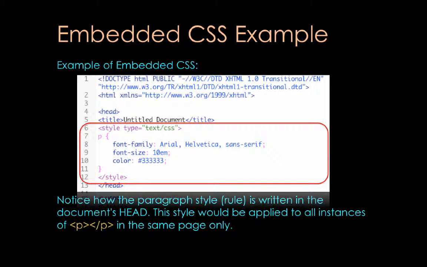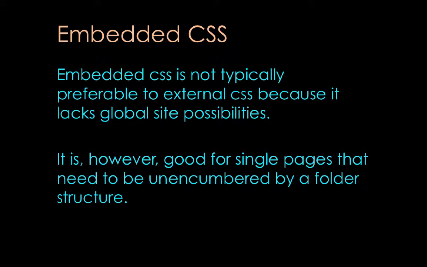It means you would have to write the styles and embed them in separate instances for 15 separate pages. And what happens then when you want to change the color or the font size of one of those things? It means you have to do it in 15 different places, right? So that's why it's less preferable to external CSS.